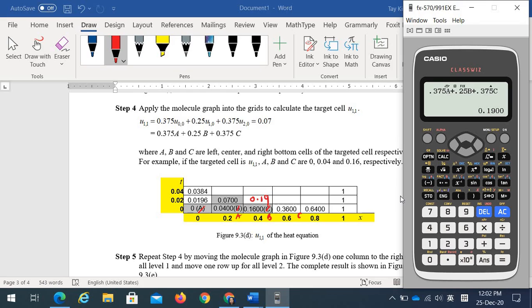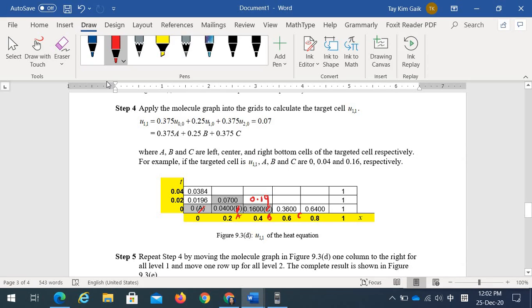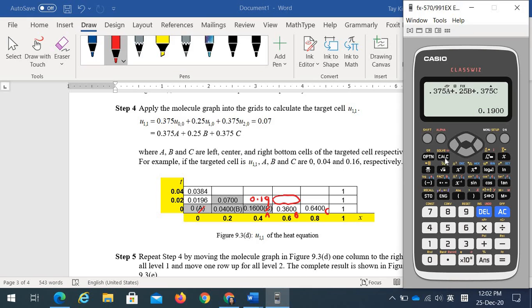Then move here. Now you want to calculate here. So left bottom A is here, this is B, this is C, because you want to calculate here. Calculate again.